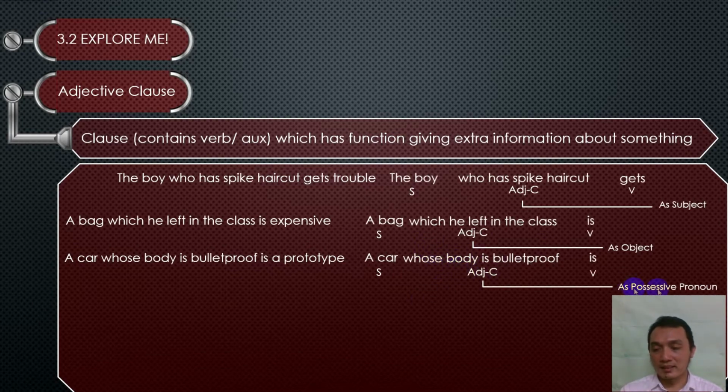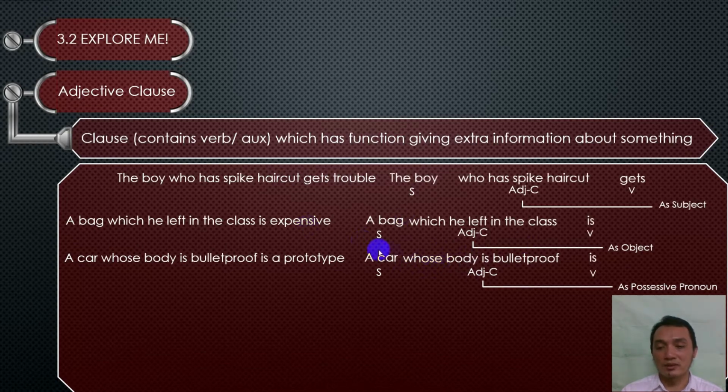Now here, as possessive pronoun, you can see first from the question word that is used in the adjective clause, "whose", followed by a noun. It means that this question word is usually used to ask about belonging.